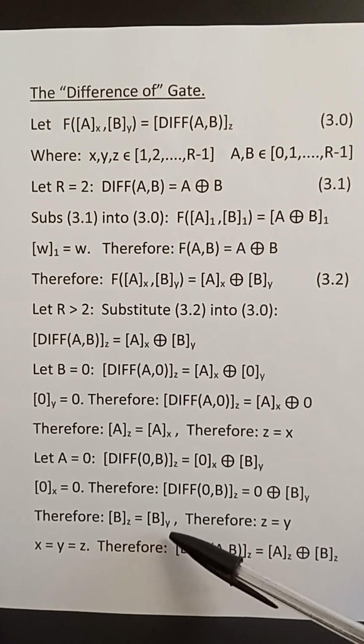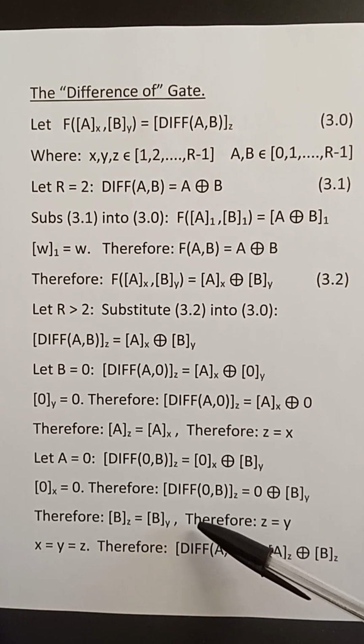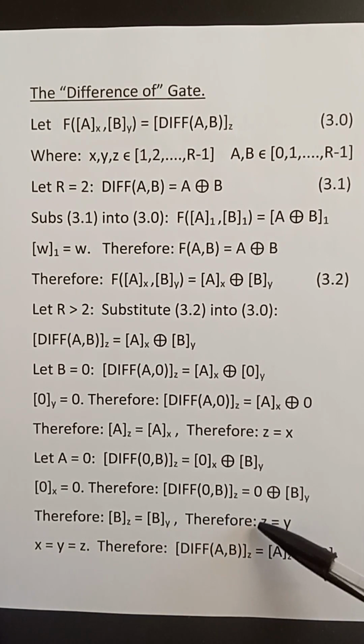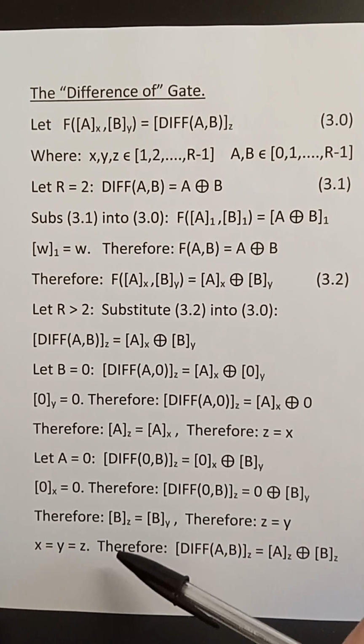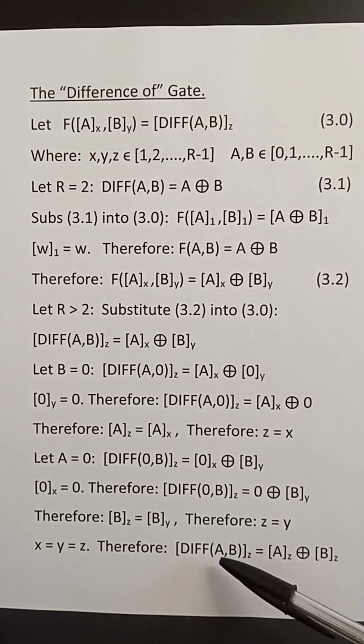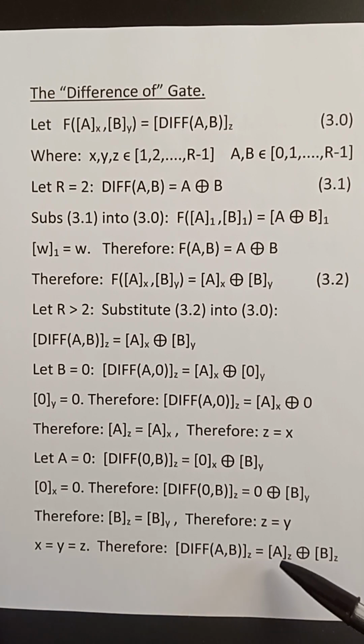So we can conclude that these subscripts are the same, therefore z equals y. Therefore x equals y equals z. Therefore the difference(a,b)^z equals a^z exclusive or b^z. Now this is a 2-input function only, so it doesn't apply to a multiple amount of variables. It's only a 2-variable function.